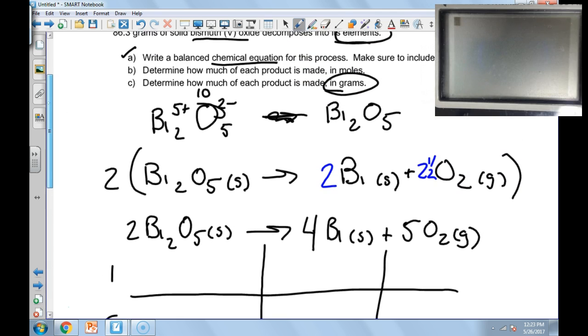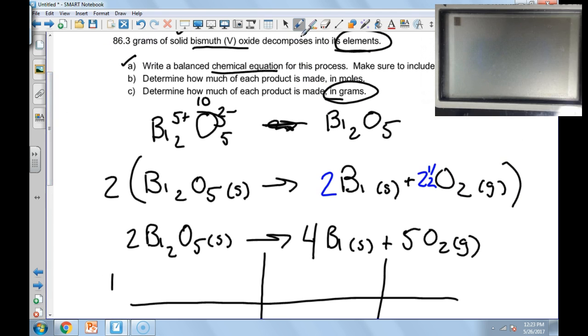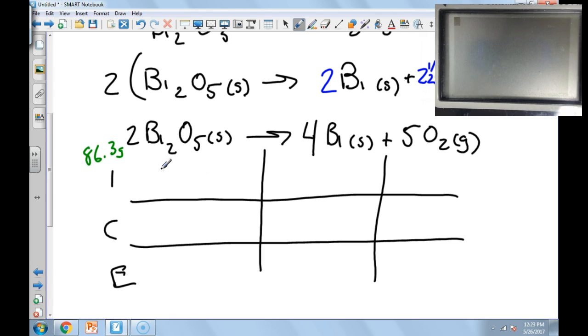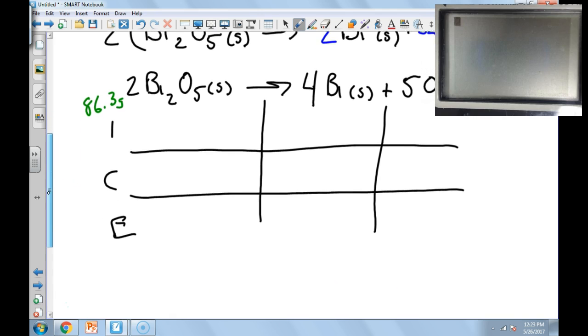In the question, it says that we started with 86.3 grams of this. So I'm going to write 86.3 grams, because grams doesn't go in the ICE chart. An ICE chart is full of moles.